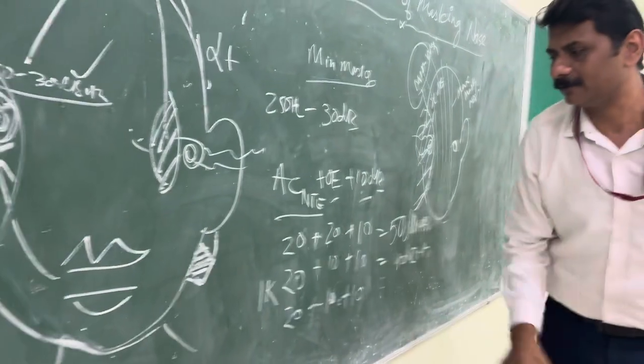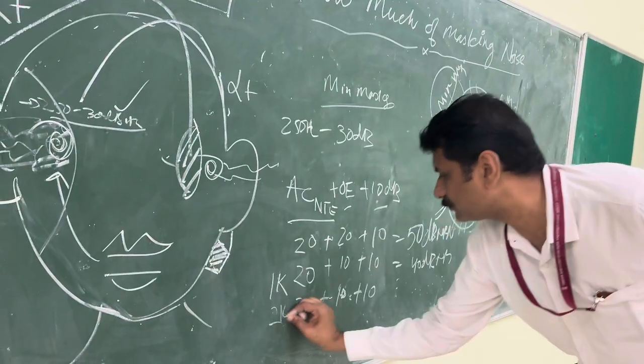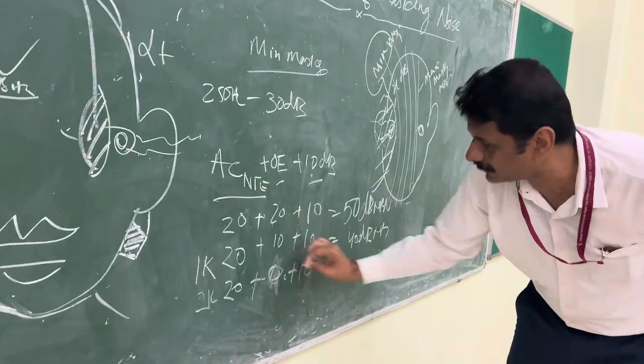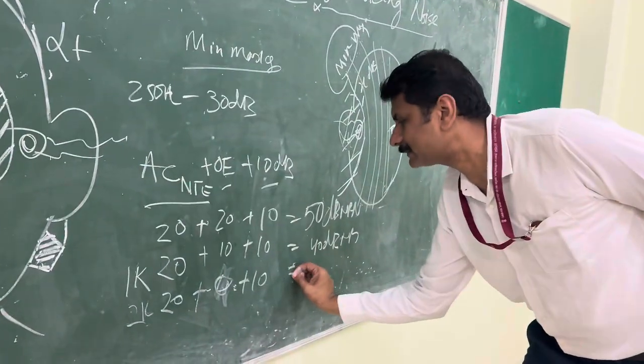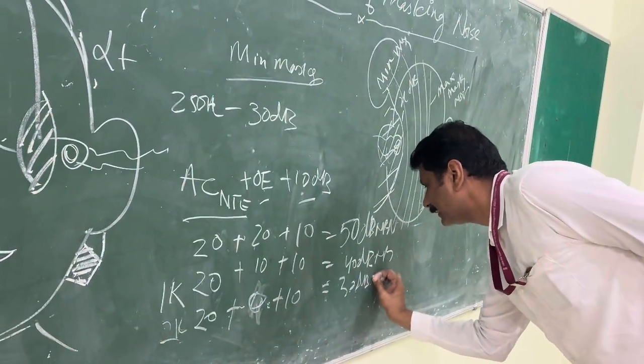Plus the safety factor of 10. Sorry, this is 2 kilohertz I took. At 2 kilohertz the threshold is 20, the occlusion effect is 0 dB, plus 10 as the safety factor. So the total comes to 30 dB.